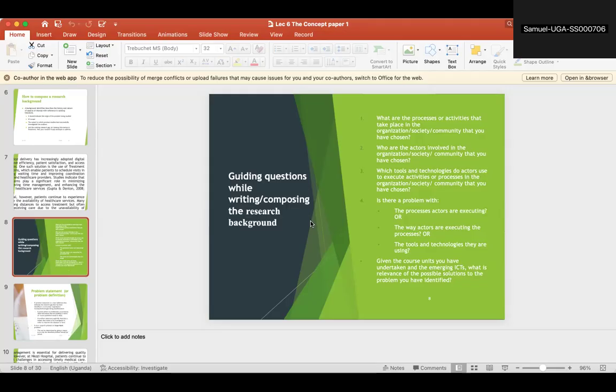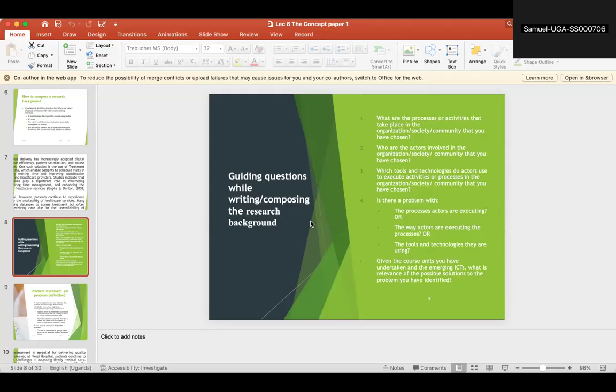Sometimes we just walk in and ask if doctors are available or not. Then you will start asking yourself, is there a problem with the processes actors are executing? Are there challenges when someone just walks in without first making a call or booking an appointment? Yes, indeed. So this helps you to do what? To formulate your research background.